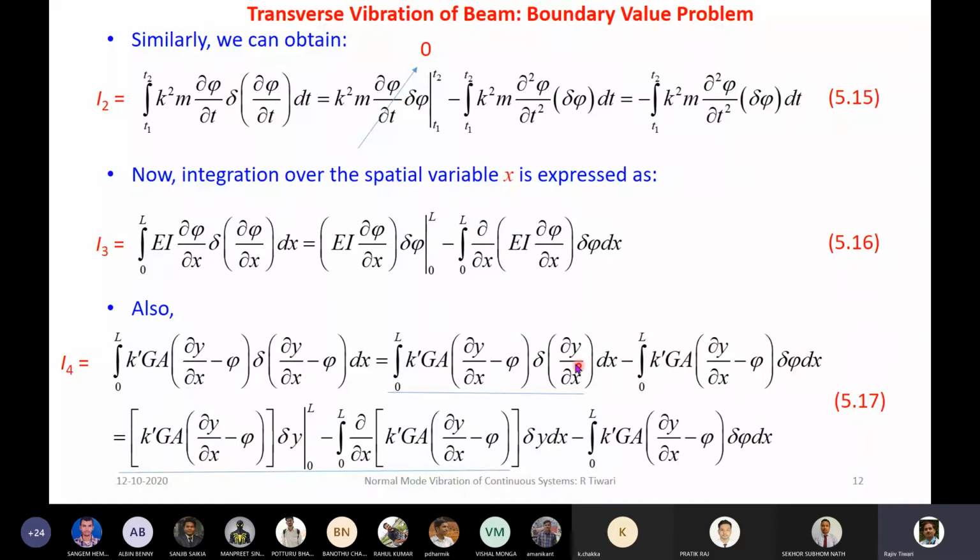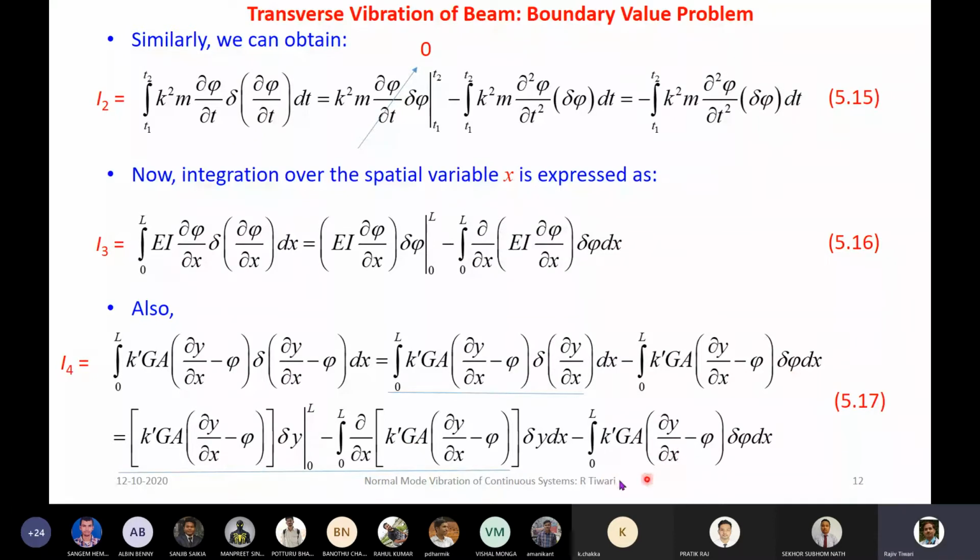Then the integration of the second part will give us delta y from 0 to L minus the differentiation of the first part. So this is the differentiation of the first part, and the integration of the second part is giving delta y. The last term is as it is, because there is no derivative involved here. So from I4 we got three terms.